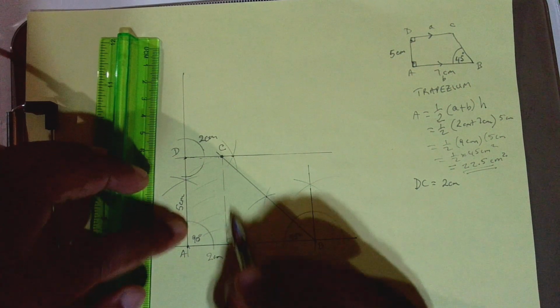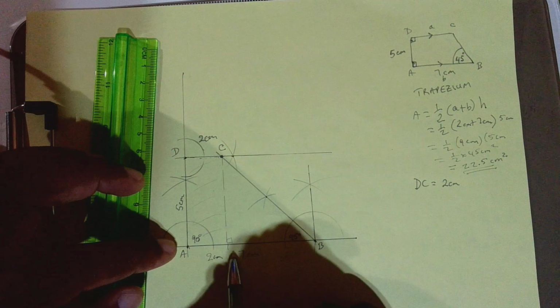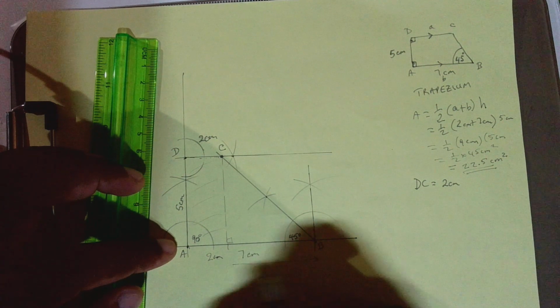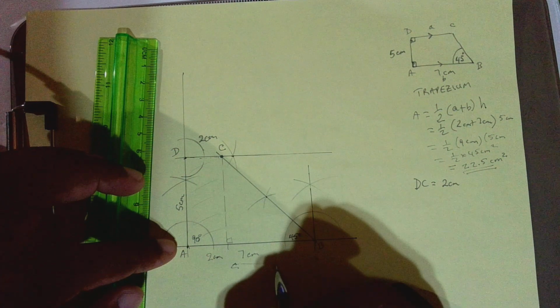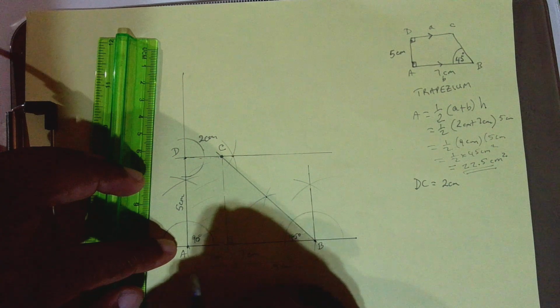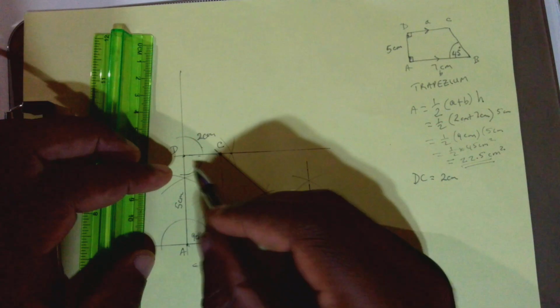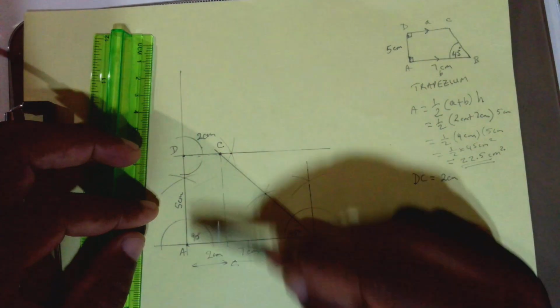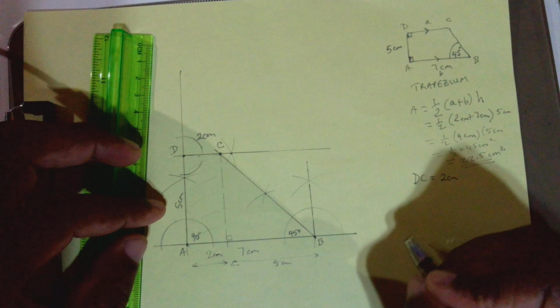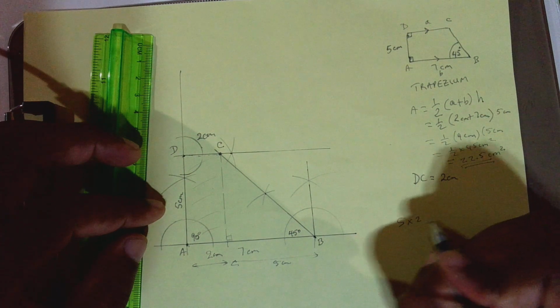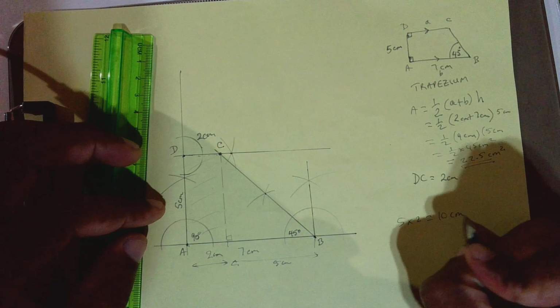See why? And this part here, from there to there, will be 5 centimeters, while from here to here is 2. So in finding the area of the rectangle, it's going to be 5 times 2, which is 5 centimeters times 2 centimeters, which gives us 10 centimeters squared.